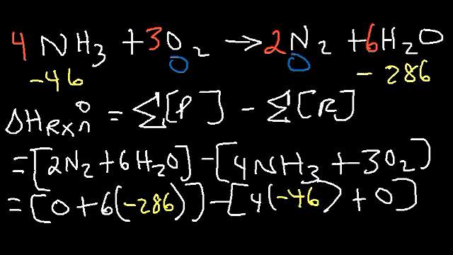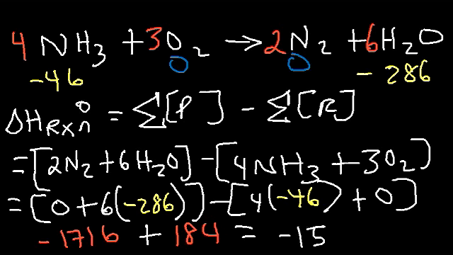So 6 times negative 286, that's about negative 1716. And negative 4 times negative 46, that's positive 184. So if we add these two numbers, we can get the enthalpy change of the reaction. And so the final answer should be negative 1532. And typically the units is kilojoules per mole.